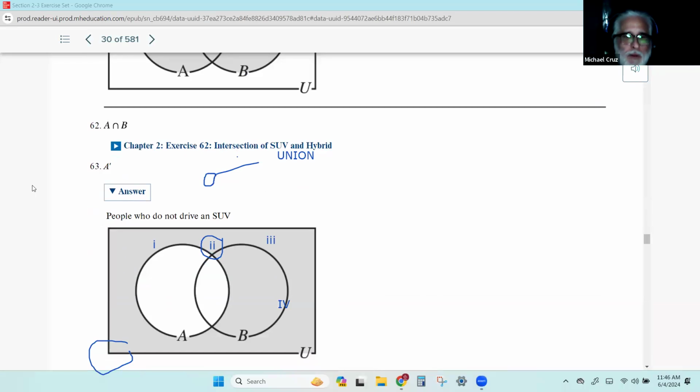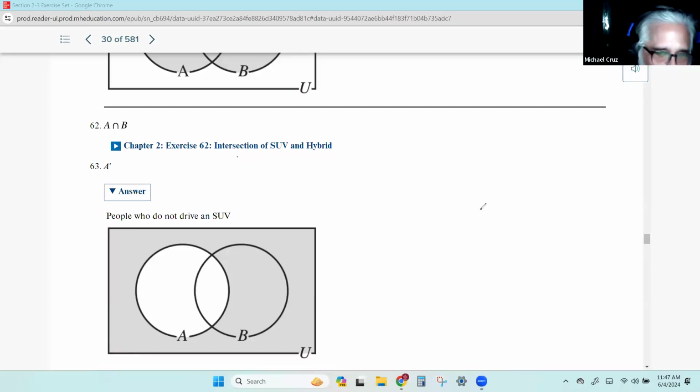So the A complement, and this is what I was doing up there when I was doing the set operations. A complement is just everything that's not A. So in this case, they've shaded everything that's not A. But this is A there.